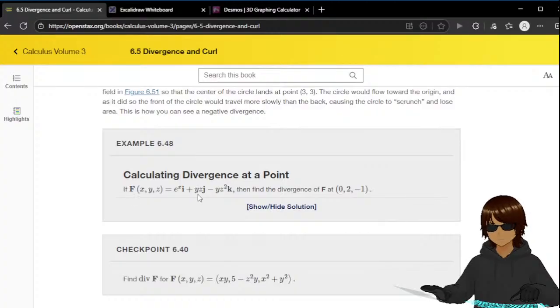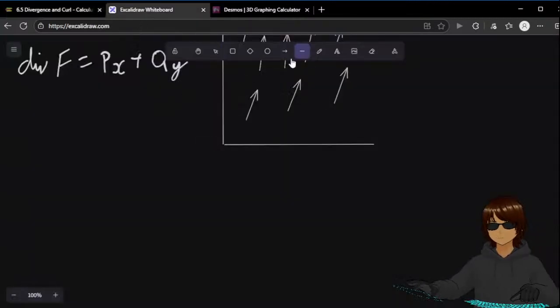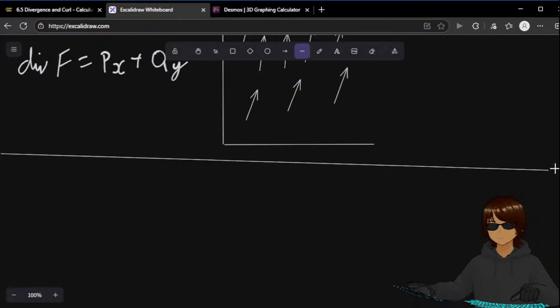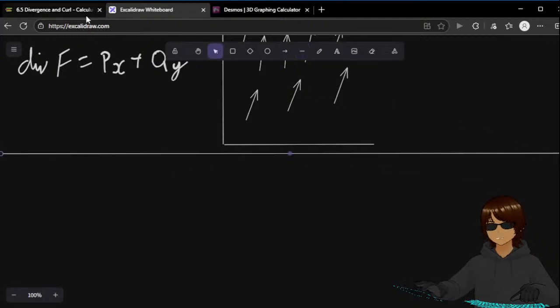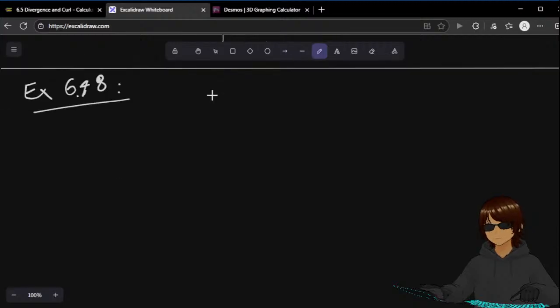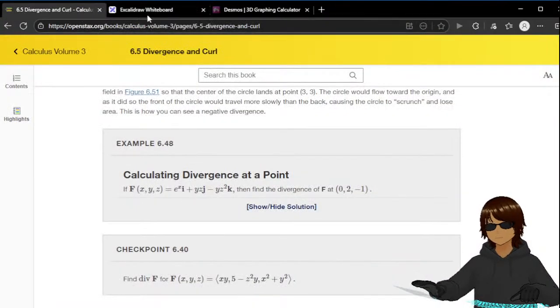If F is this, then find the divergence of F at (0, 2, 1). Example 6.48. So what did they say?